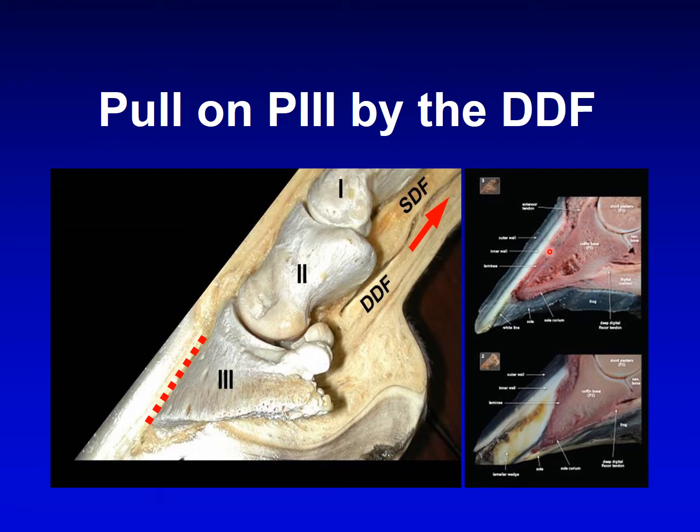This intimate relationship caused by this interdigitation between the internal lamina of the epidermis and the external lamina of the dermis is lost due to systemic diseases: toxemia, bacteremia, septicemia, grain overload, post-parturition, trauma, you name it.